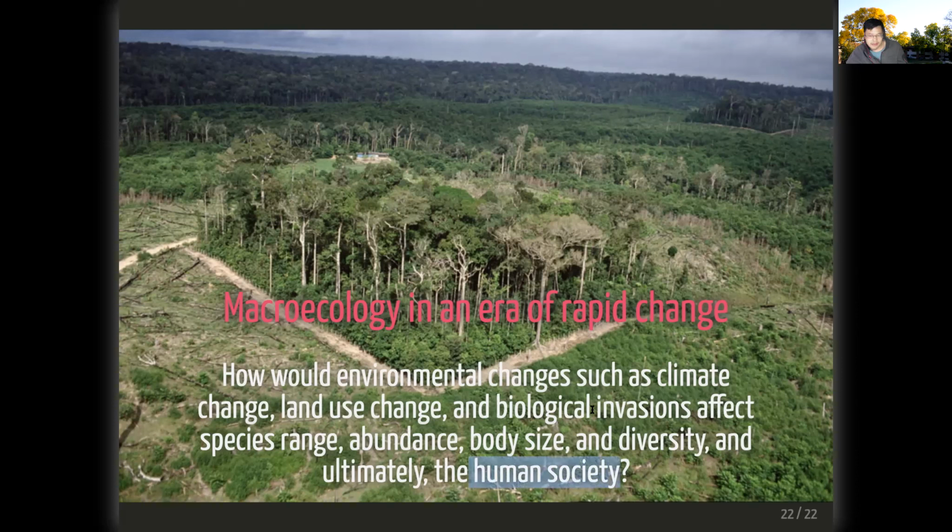Talking about invasions of viruses, we're still deep in this pandemic. Whether in the future, with rapid environmental change, these invasions of viruses will be more frequent and more impactful to human society, we don't know. But the macroecology of viruses, pathogens, and parasites is all important in research. So that also highlights the importance of macroecology in an era of rapid change.